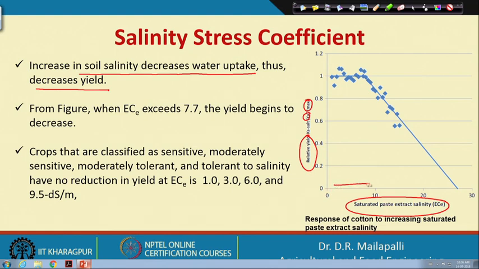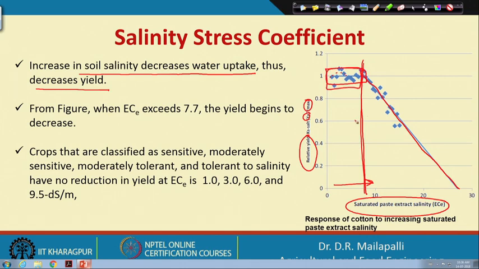As salinity increases, the relative yield is almost constant in this region for a certain salinity. Then after that, the salinity effect is going to influence the yield.